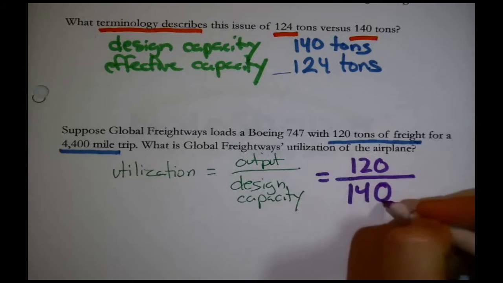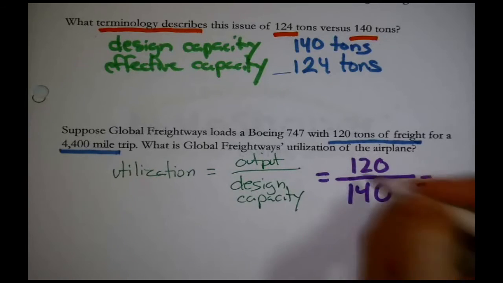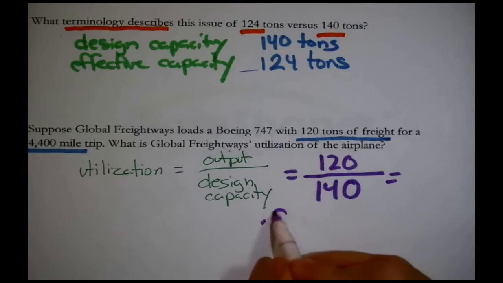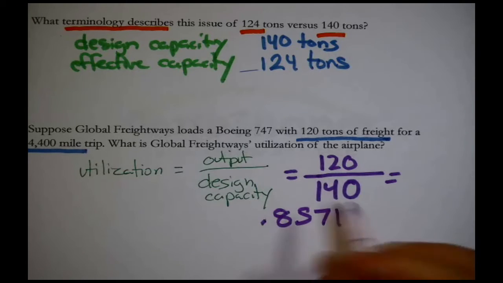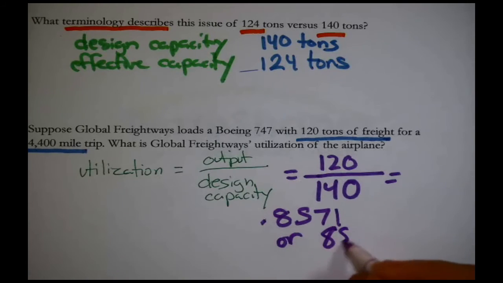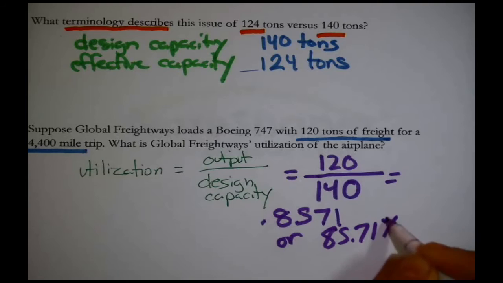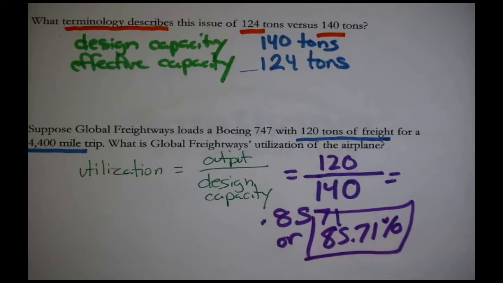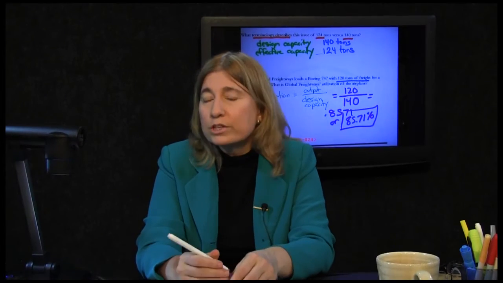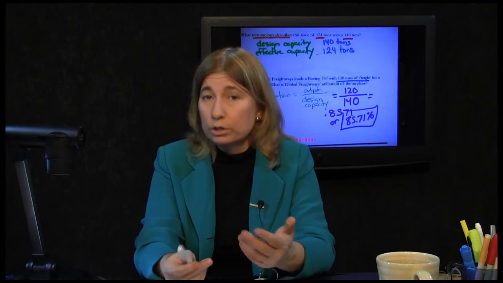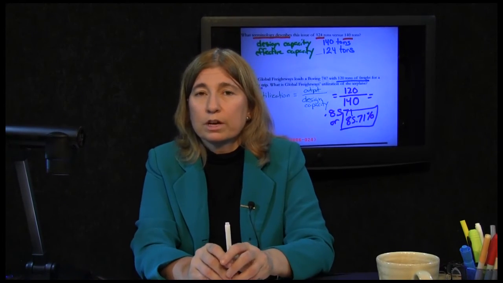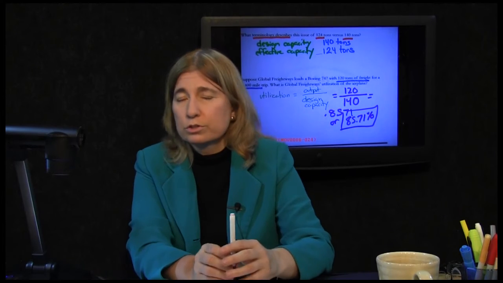It is theoretically capable of 140 tons, so just put that in your calculator and get like 0.8571 or essentially 85.71%. That's the answer to the question. Okay, that is the utilization of the Boeing 747 in that particular situation.